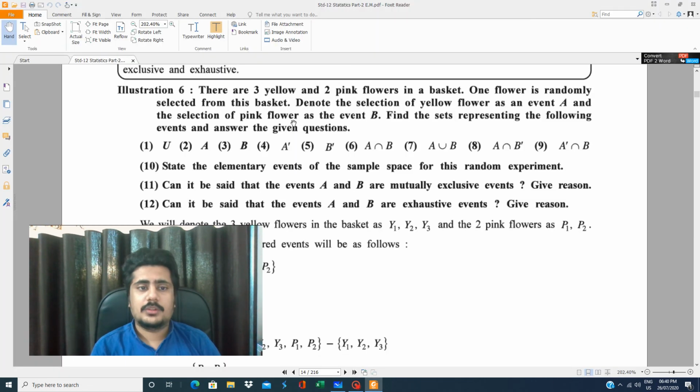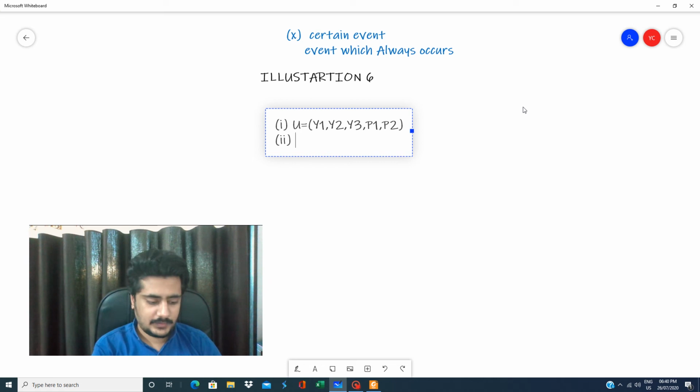Now second question. What is the second question? It is to find A. It is already mentioned that selection of a yellow flower is event A. So event A is the selection of yellow flowers: Y1, Y2 and Y3.